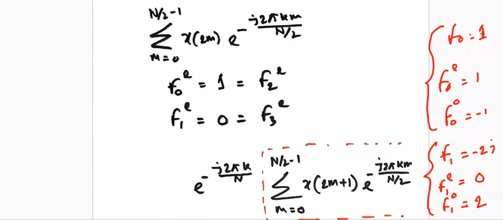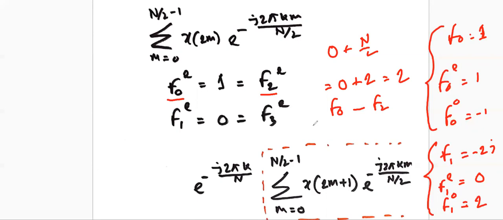If you go back to the equation, you'll find that f0 and f2 are separated by n by 2. So 0 plus n by 2, 0 plus 4 by 2, that is 2. So f0 and f2 give the same value. For the odd function, for the even function, 1 plus n by 2, that is 1 plus 2, equals 3. So 1 and 3 have the same value.